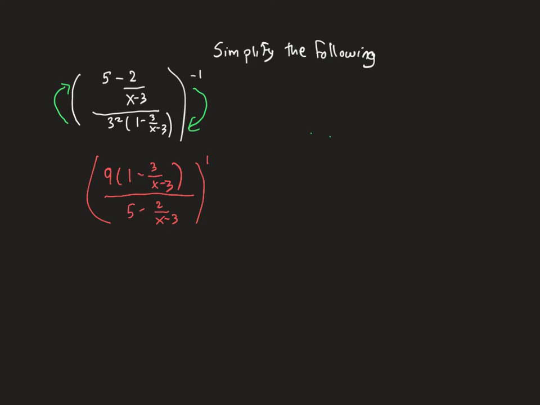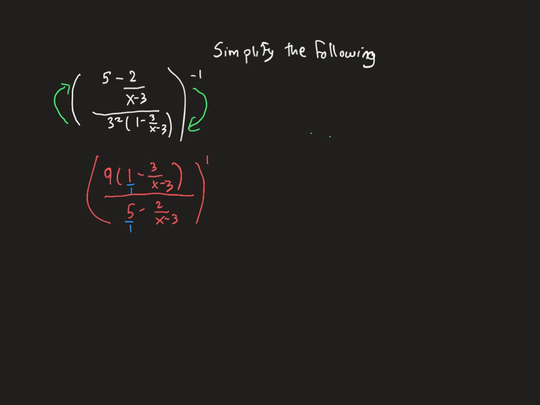Okay? Now from this point on, it's just a matter of following your rational rules. So I notice here that I have a 1 minus a fraction, but remember, even though we don't see it, there is still a division of 1 on the bottom.